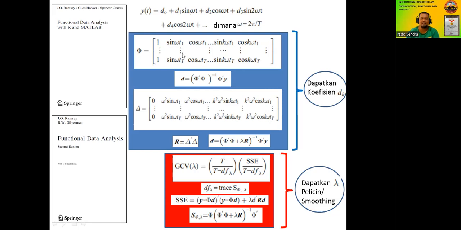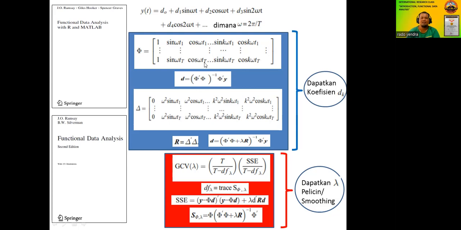The matrix Phi is as you can see in this slide, and then you find the constant and coefficients by the formula Phi transpose multiplied by Phi, then take the inverse, multiplied by Phi transpose and multiplied by y. y means the data.